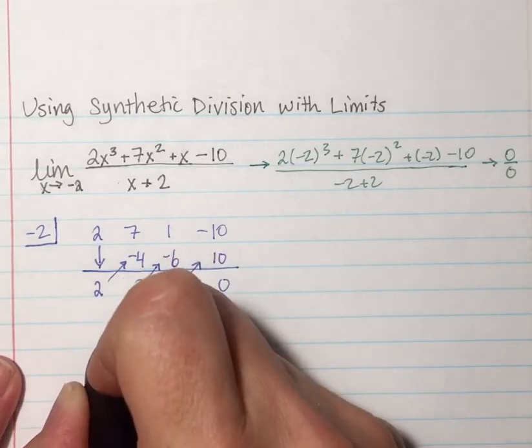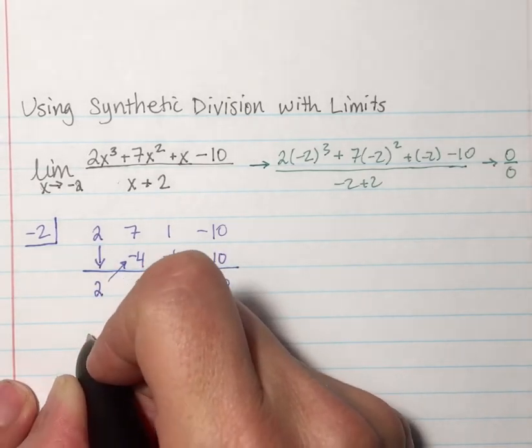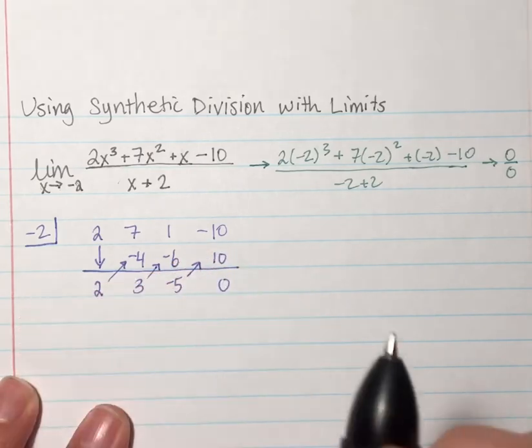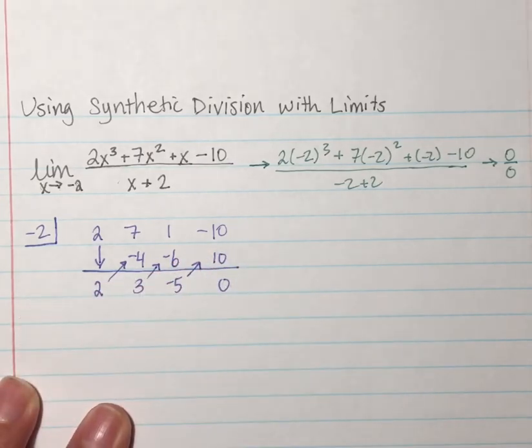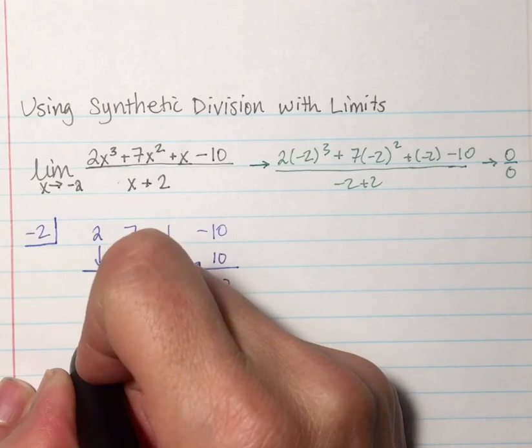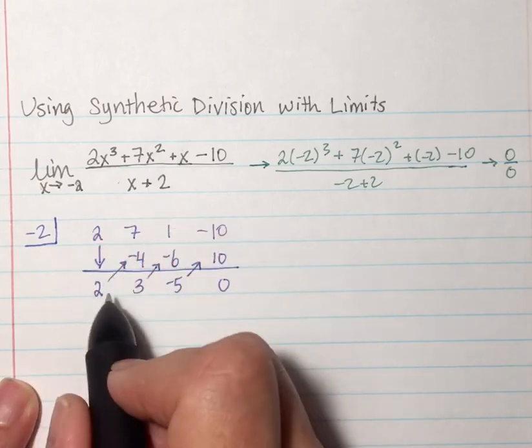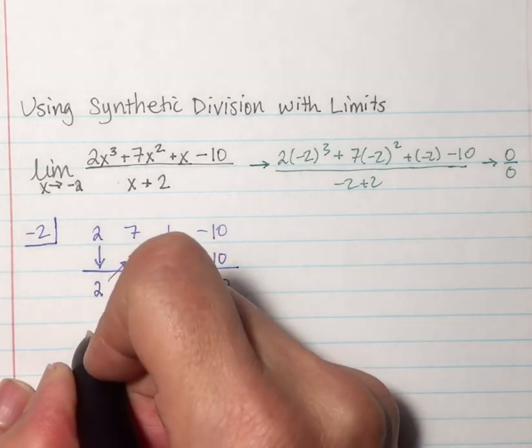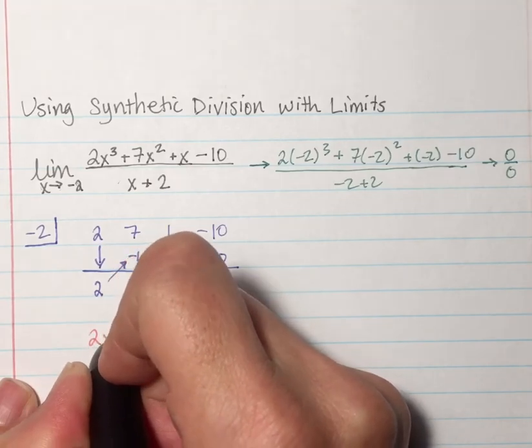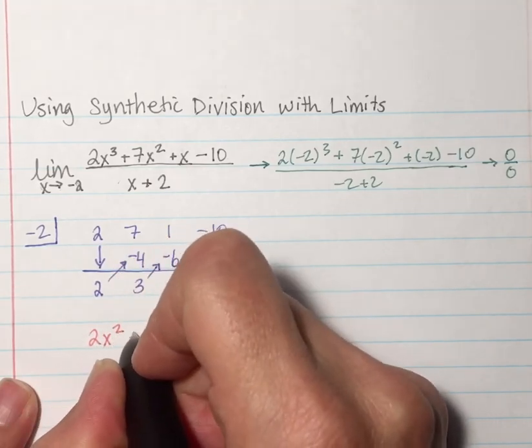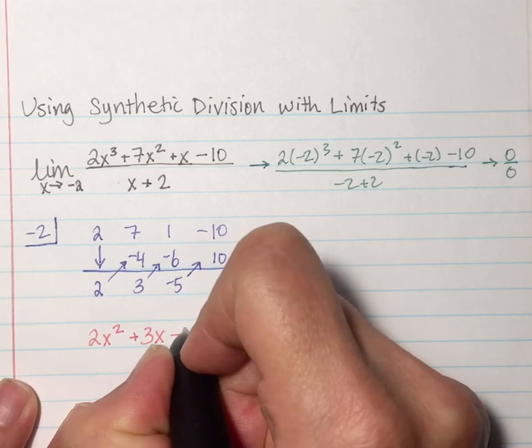And again, if you really want to know all the whys and wherefores behind all this, feel free to Google it. I'm not going there. It's a really limited problem that we do this. So the 2, 3, and -5 are actually the 2x squared plus 3x minus 5.